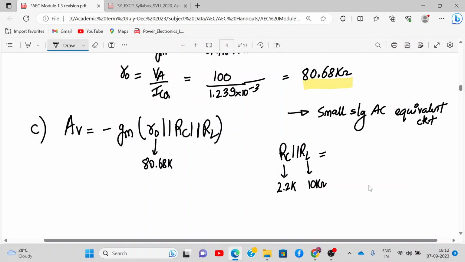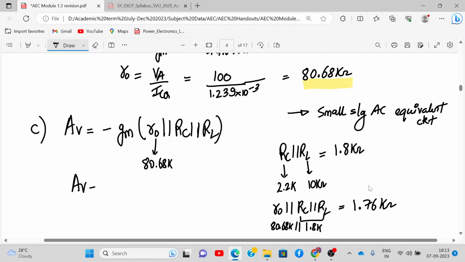Is it 1.8 kilo ohm? Exactly. This will be 1.8k, and 80.68k parallel to it, this result I know. Its value is 1.76.